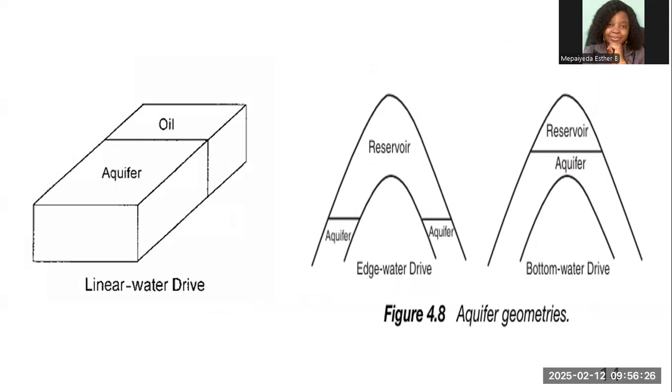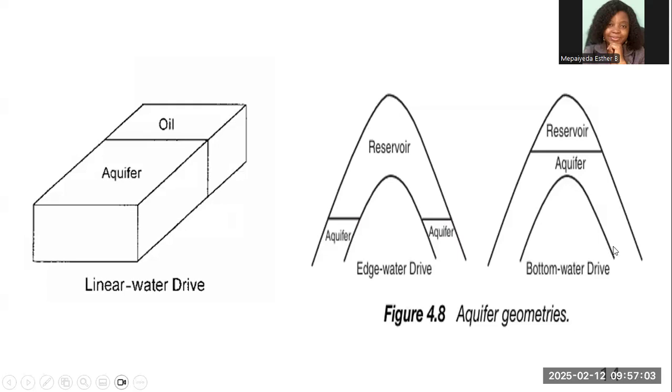For the edge water drive that you have here, the water flows radially into the reservoir, driving the energy of the reservoir for the production of the reservoir fluids to the surface. Here, the vertical direction of flow of water is negligible.